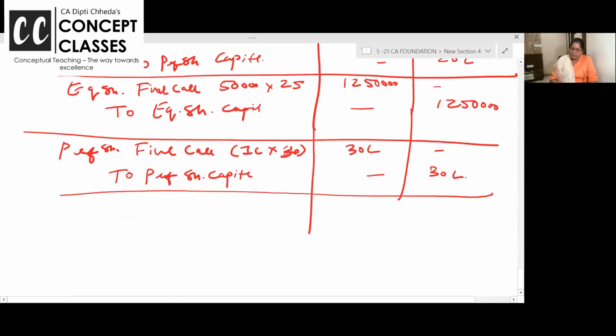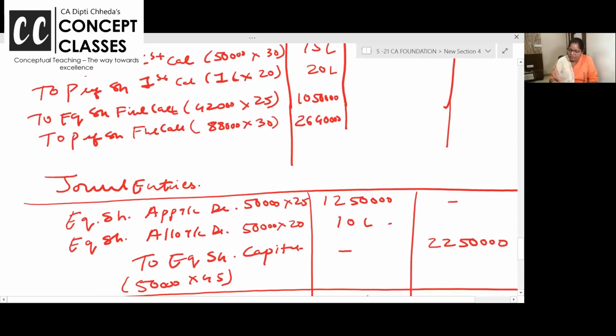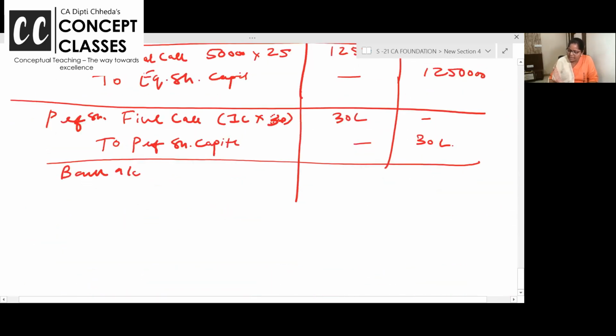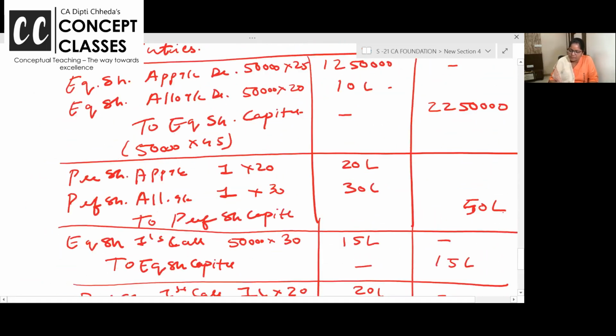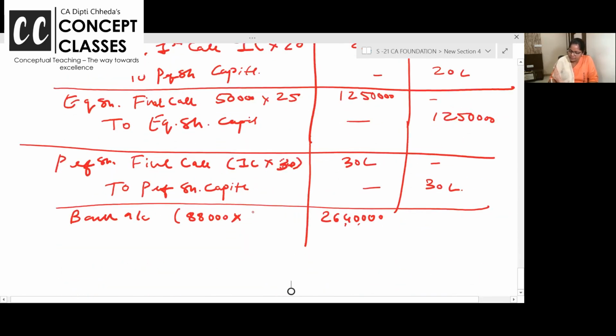Like preference share capital, just to show you, can I write here also? Entries you are not writing because bank book itself is bank account. Now preference shares, 26,40,000. I want all of you to write one extra entry. 26,40,000 is what? 88,000 shares into 30.